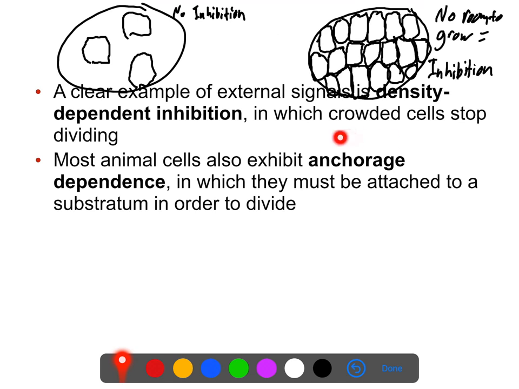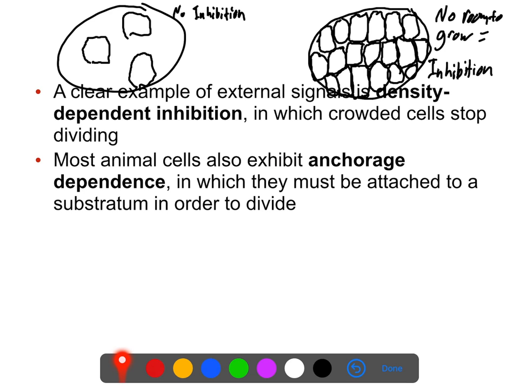There's also what's called anchorage dependence. Not all cells have anchorage dependence. But most of your cells are supposed to be in a particular place. Maybe you've got a whole bunch of liver cells in your liver. They're supposed to be in your liver. And the cells in your liver don't just float around in your liver in a big mess.